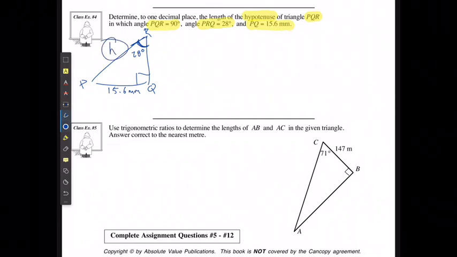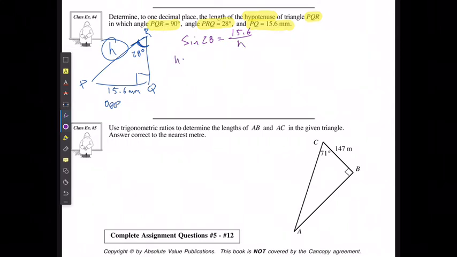So in this case, if I know my opposite, and I'm trying to solve my hypotenuse, I'm going to have to use my sine ratio. So sine of 28 is going to equal 15.6 divided by my hypotenuse.